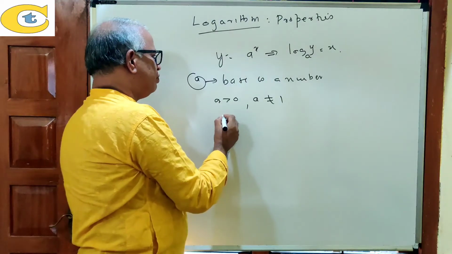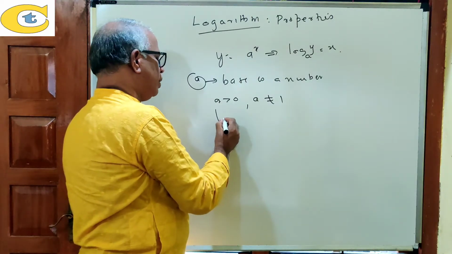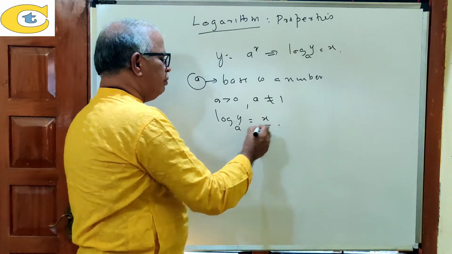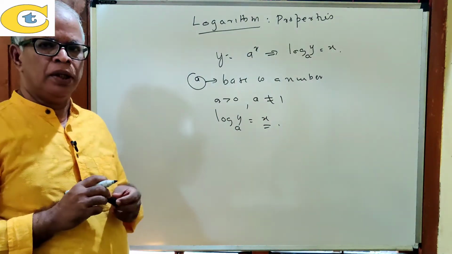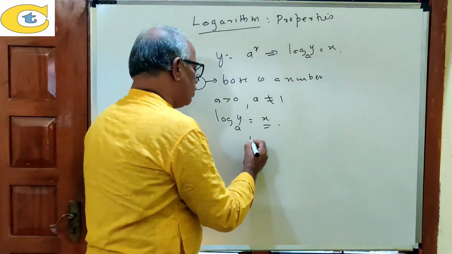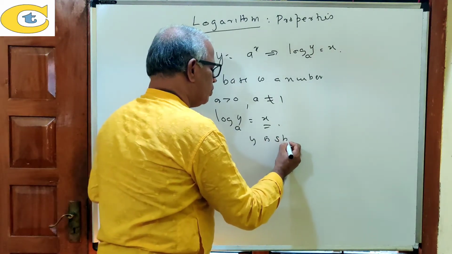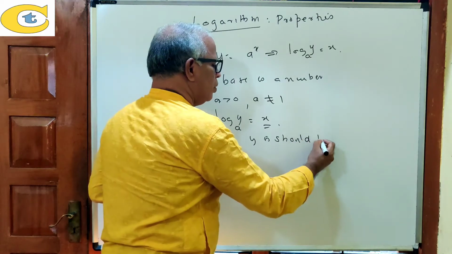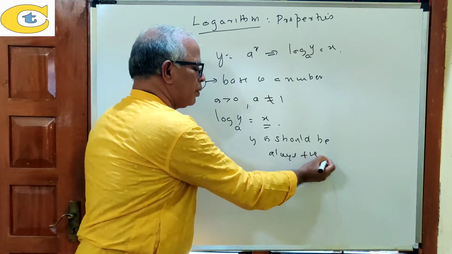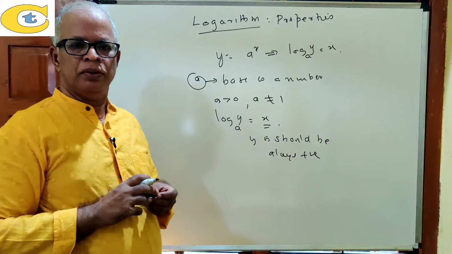Logarithm is always log y to the base a is equal to x. When we write a number in index form, index becomes logarithm. Now y should always be positive. Why?